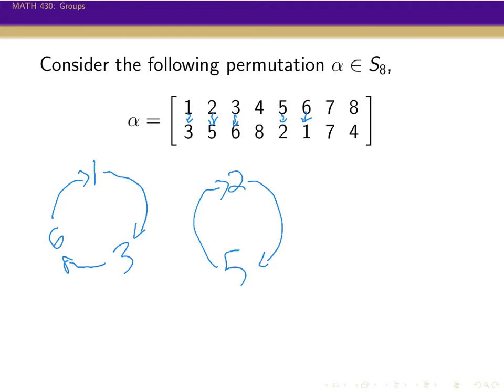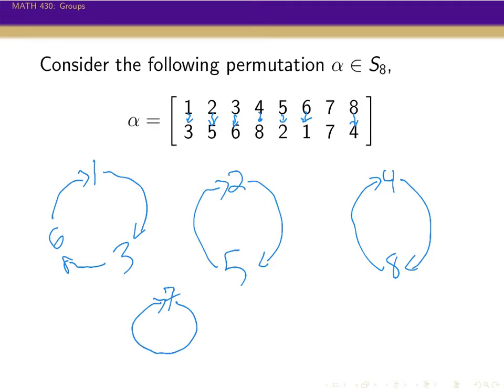And then next we have 4. 4 is getting sent to 8, and 8 is getting sent back to 4. So alpha also swaps 4 and 8. And last but not least, we have 7, and 7 gets sent back to itself.